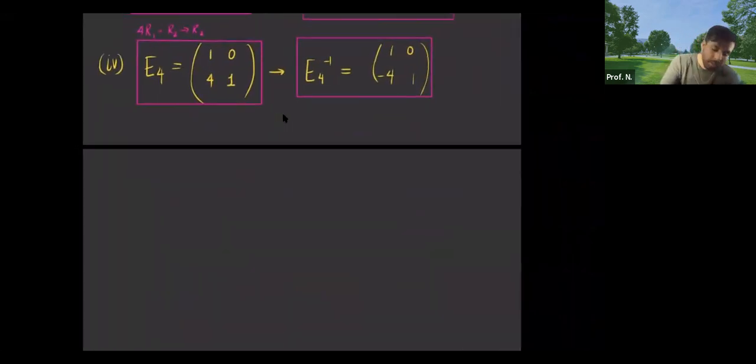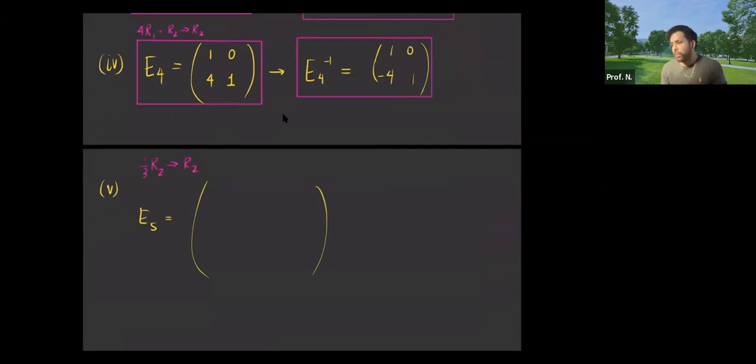Okay, so hopefully we can speed this up now. And the fifth one, we want a 3x3 matrix, E5, that multiplies the second row by a third. So we want a third the second row. So how do we do that? Well, we just want to multiply the second row by a third.